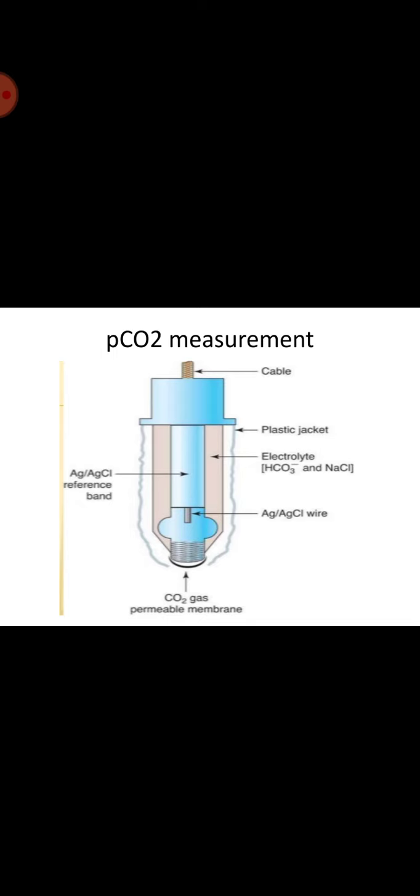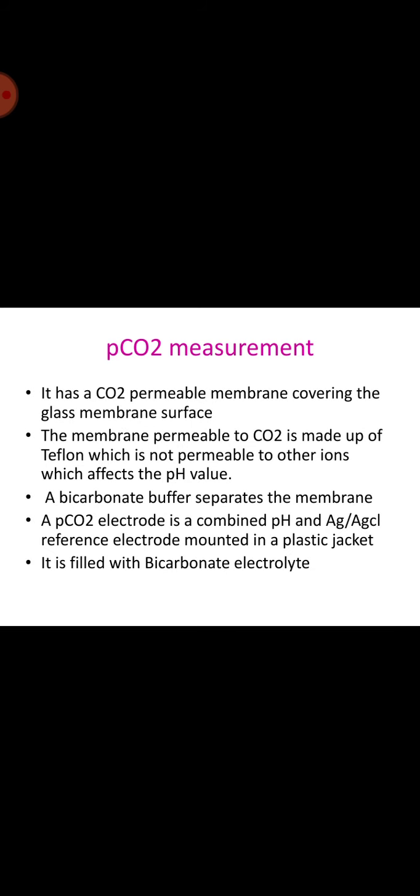And the CO2 from the blood sample diffuses via this CO2 permeable membrane into a bicarbonate solution. This membrane is made of Teflon, which is not permeable to other ions that would affect the pH value. So this bicarbonate buffer is separated by the membrane.